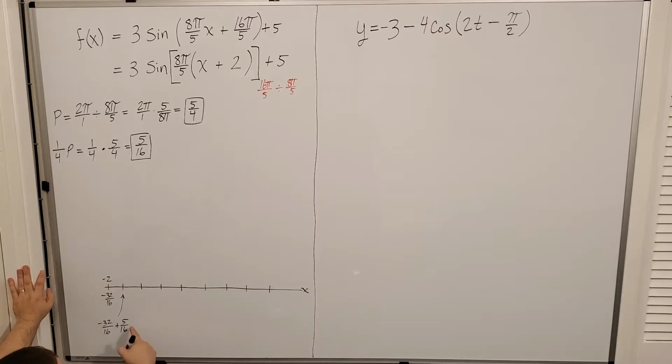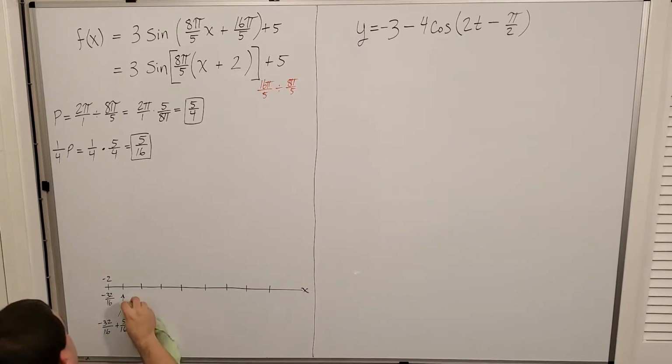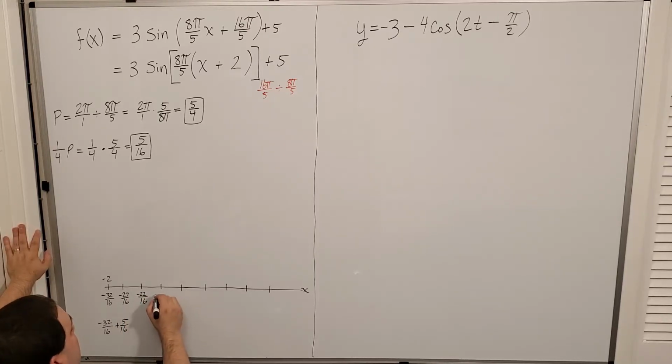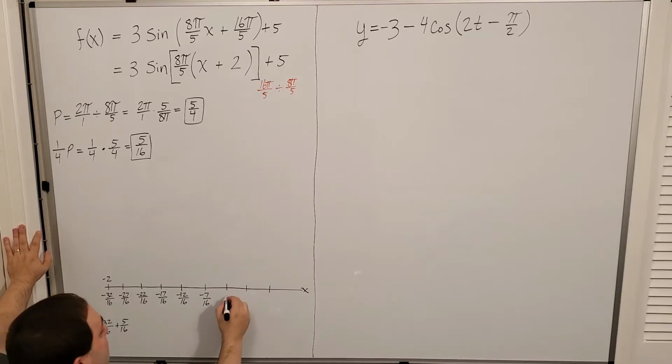And then the marker after that, I'll add 5 over 16 again. So -32 plus 5 gives me -27 sixteenths. Add 5 again, I'll have -22 sixteenths. Then -17 sixteenths. Then -12 sixteenths. Then -7 sixteenths.